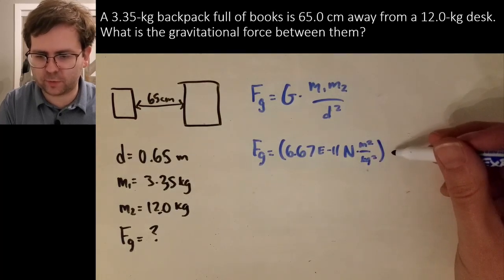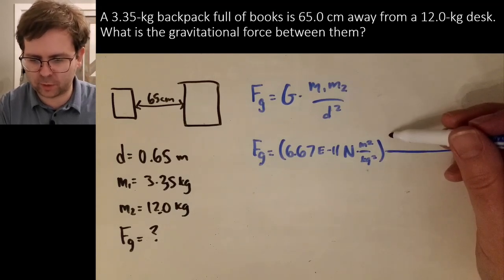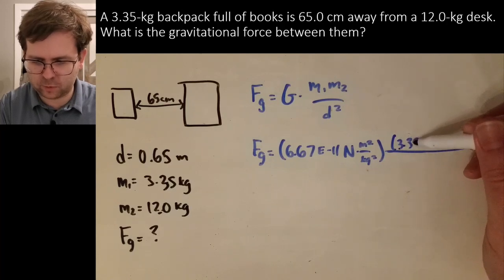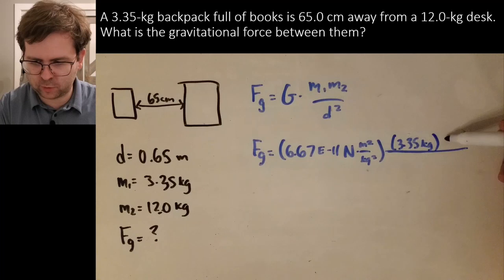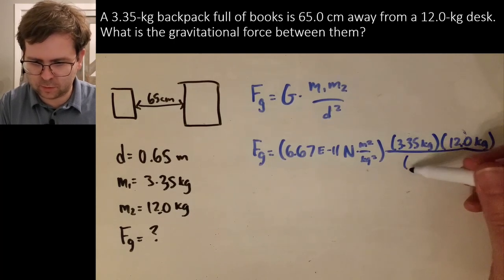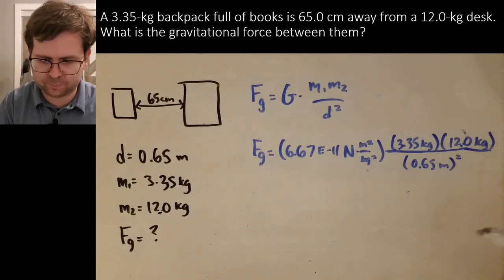And I like to always write out the units because I want to show that the units always work out in the end. Of course, when you're doing this yourself, you can take shortcuts at your own risk. But shortcuts make long delays, so just be careful about that. And don't forget to square the distance at the bottom.